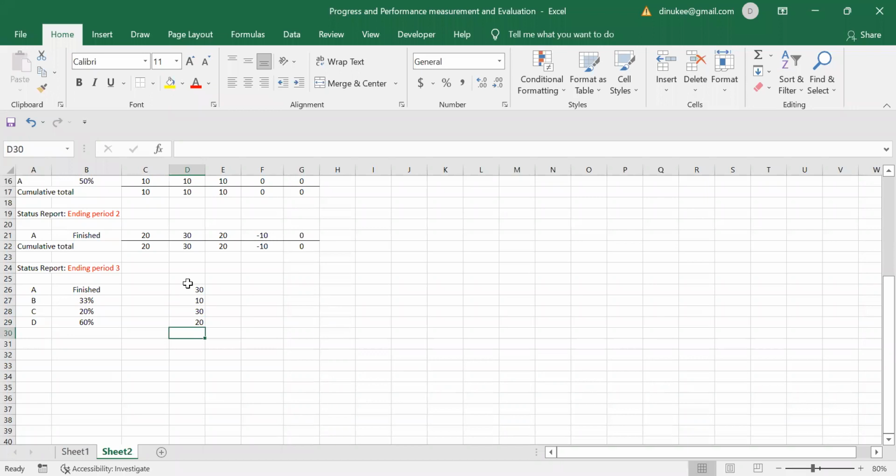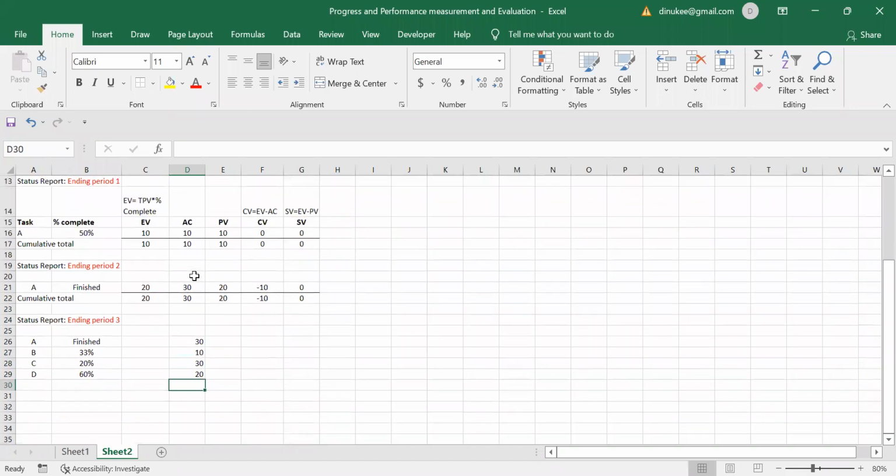So this actual cost is given to you. And these percentage values will be given to you at the examination.